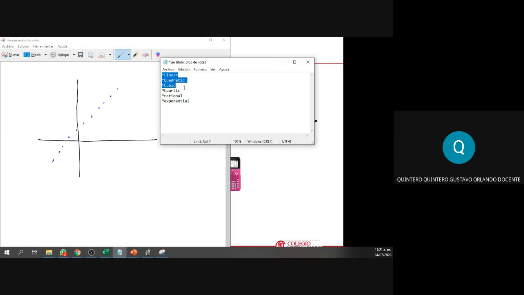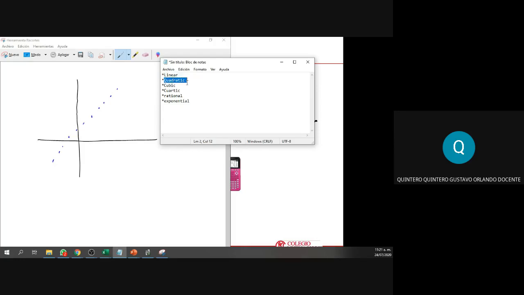I want everybody in the chat, please, write down, what do you think is the best type of function for these points? For these ones in here, the ones that I'm showing right now. So write down the word linear if you think a line is the best fit.